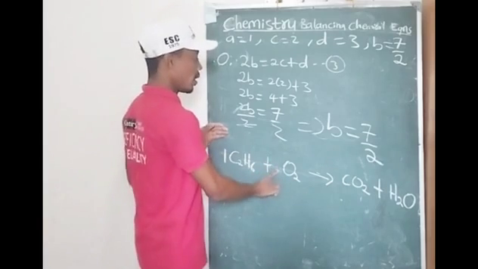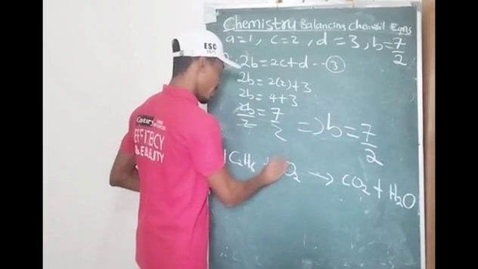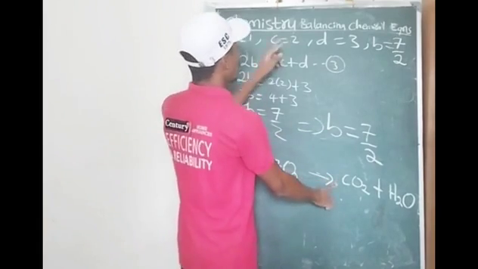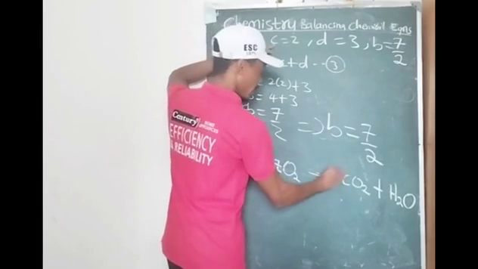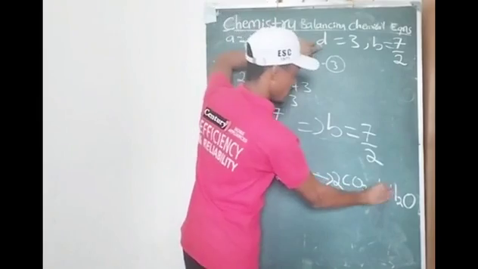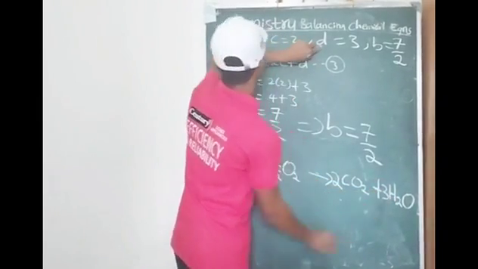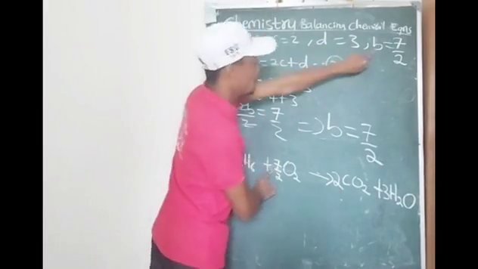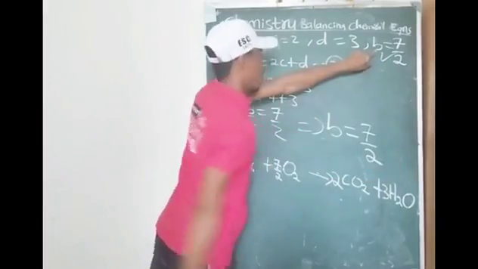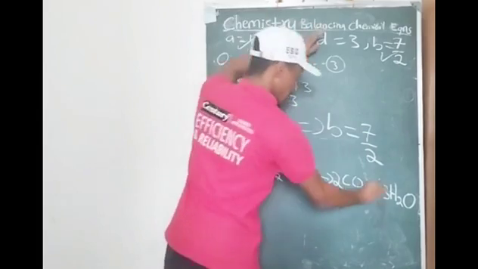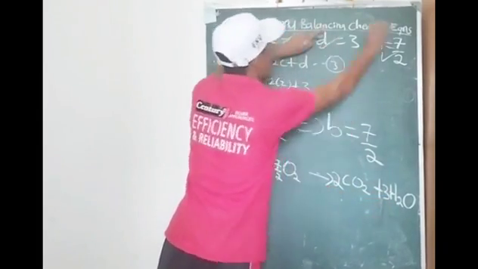This was B, and our B is 7 over 2. This was C, and our C is 2. This was D, and our D is 3. A is 1, B is 7 over 2, C is 2, and D is 3.